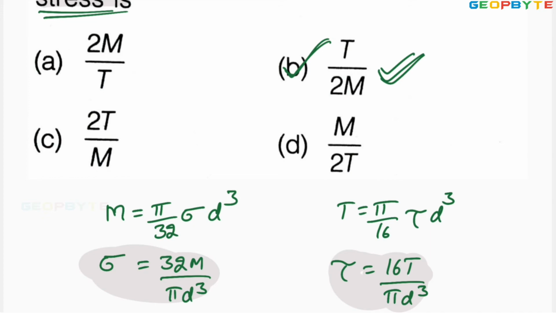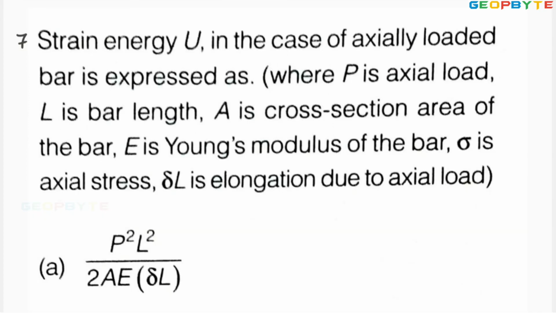I hope you understood. Let us go for the next problem. Look at the seventh problem. Strain energy U in the case of axially loaded bar is expressed as, where P is the axial load, L is the length of the bar, A be the area of cross section of the bar, E be the Young's modulus of the bar, and sigma is the axial stress.